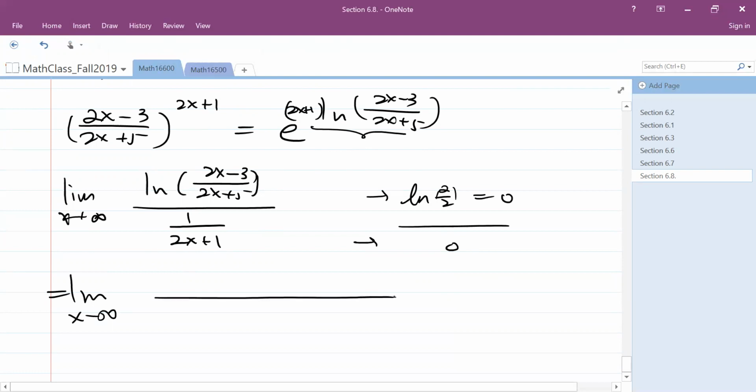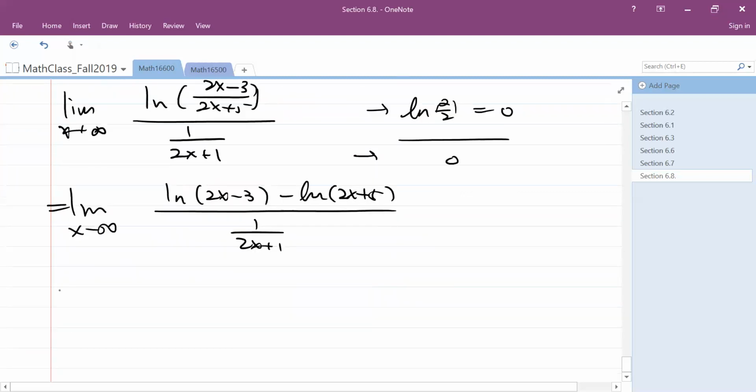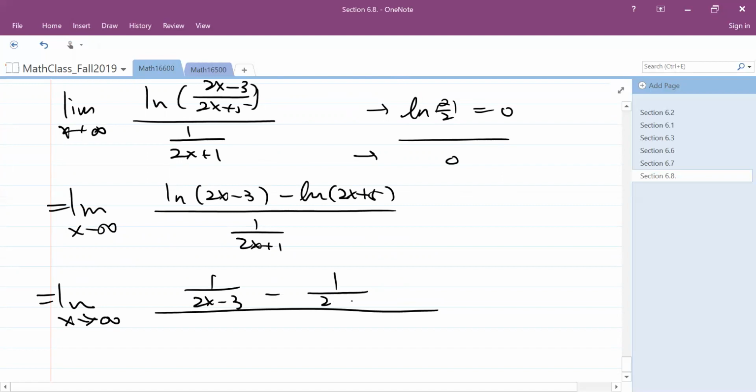Now, how do you differentiate the numerator? You have to express the numerator in this form: natural log of 2x minus 3 minus natural log of 2x plus 5, over 1 over 2x plus 1. All right, so now let's differentiate. It's 1 over 2x minus 3 minus 1 over 2x plus 5, and the denominator will be negative 2 over (2x plus 1) squared.